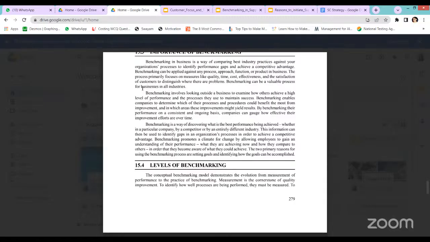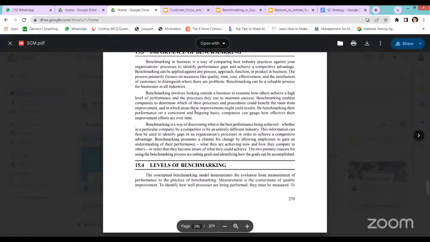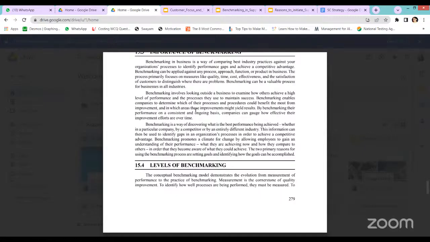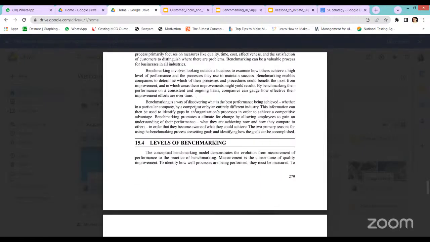Benchmarking also helps you discover the best performance practices used by other organizations, companies, competitors, or other entities in a different industry. This enables you to learn and adopt those strategies or processes effectively in order to promote your business.